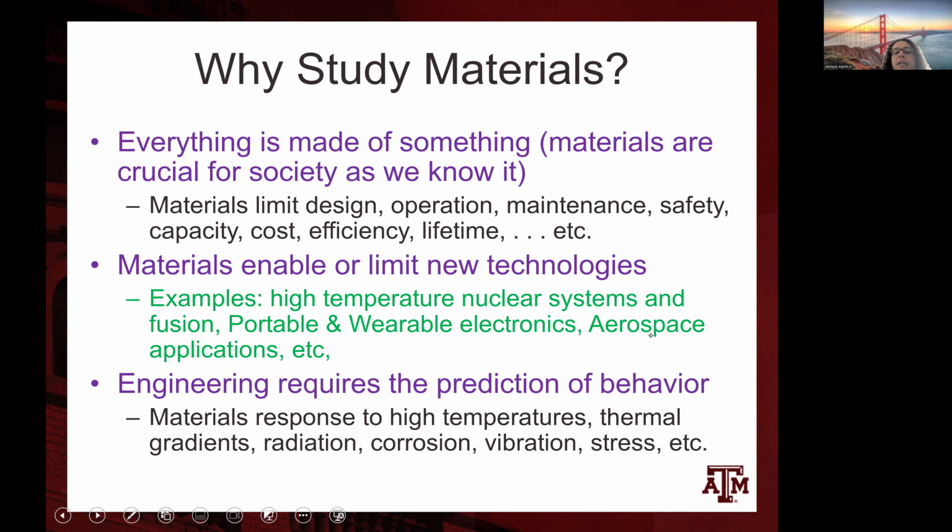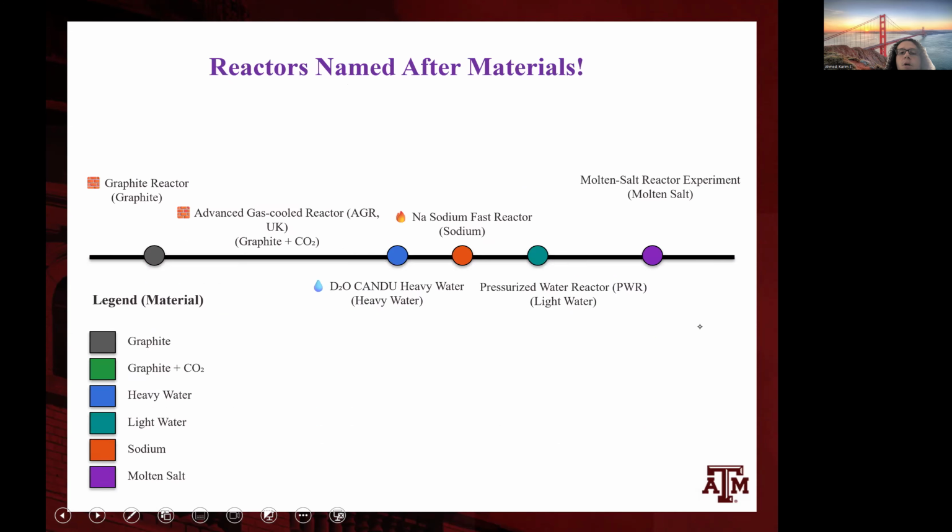That's definitely true for nuclear energy, aerospace, and other structural engineering applications, and it is very important because it's a main concern regarding safety. Those are clear examples of why we care about materials as engineers in general.